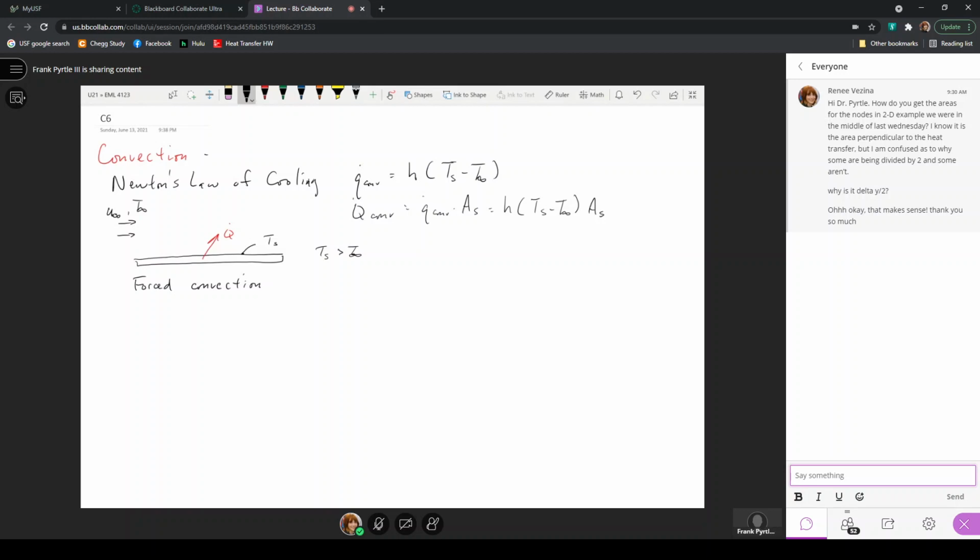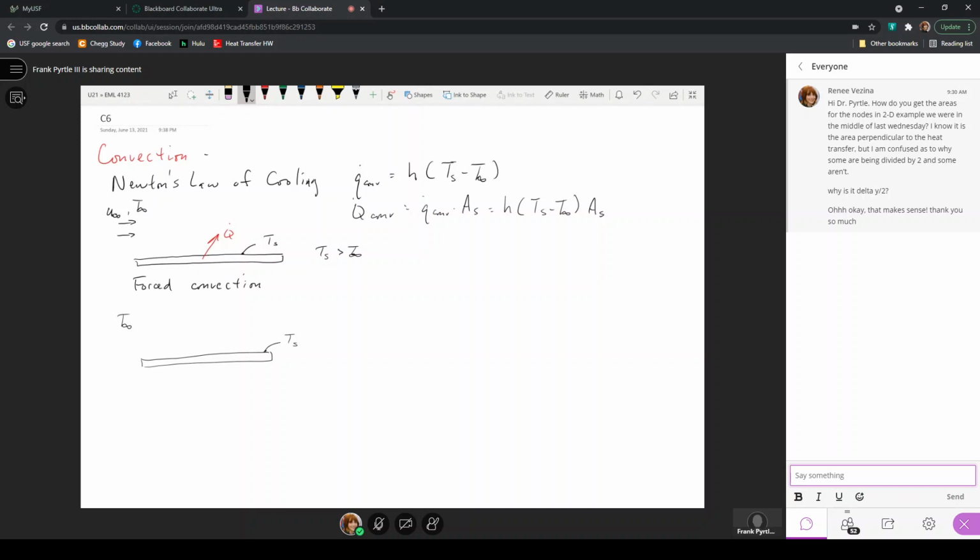Now, in addition to forced convection, we have what is called natural convection. So if I take the same surface here with a given surface temperature, and we have a fluid temperature, T infinity, we could consider here that the fluid is not being forced.